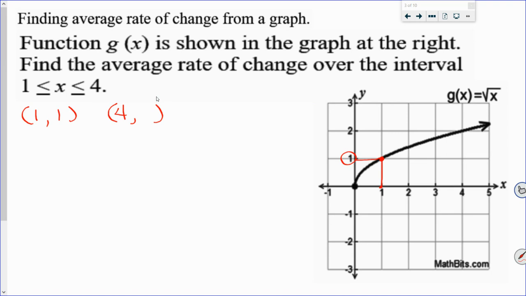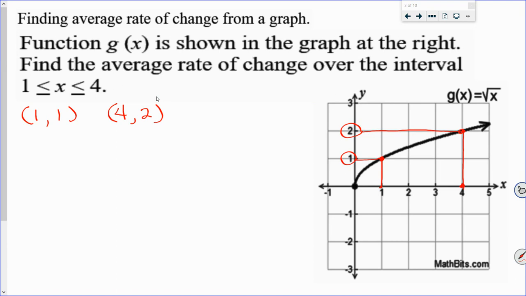Check it out. At x is 4, look to see where it intersects. At x equals 4, it intersects right here. That happens to have a y value of 2.